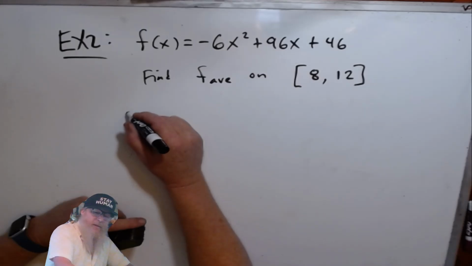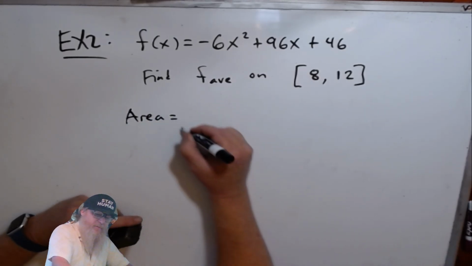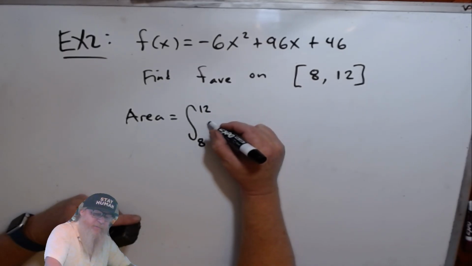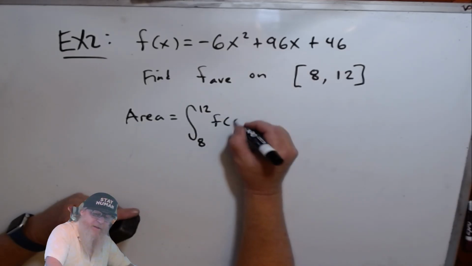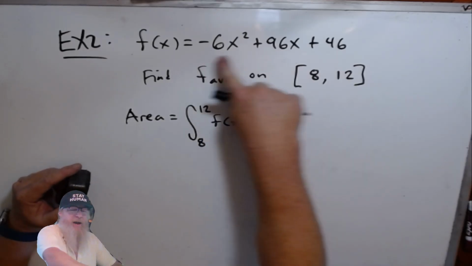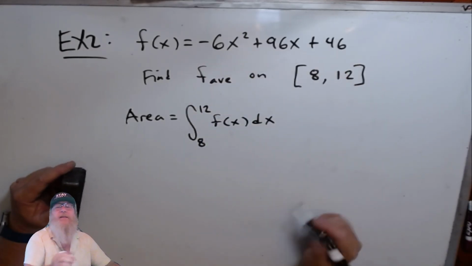So we'll do the area. That'll be the integral from 8 to 12 of f of x dx. Just being lazy. Instead of writing all of that, I could just say f of x dx.